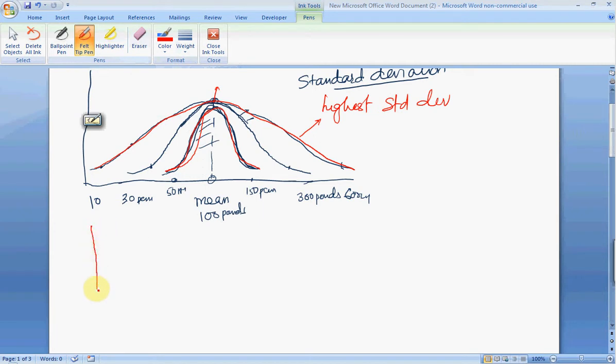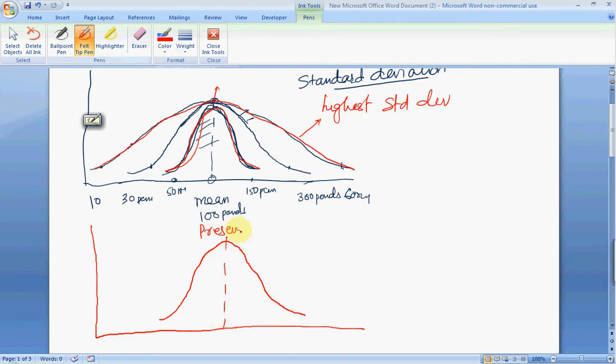If I replicate this over here, and that's the mean, I would say the mean is the present price of the underlying, and standard deviation is the volatility of the option.